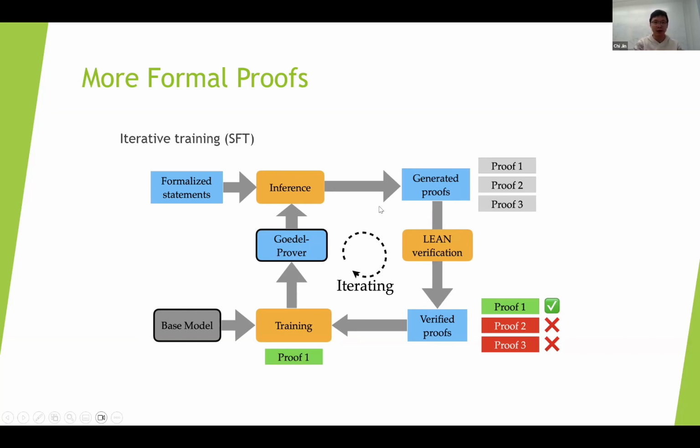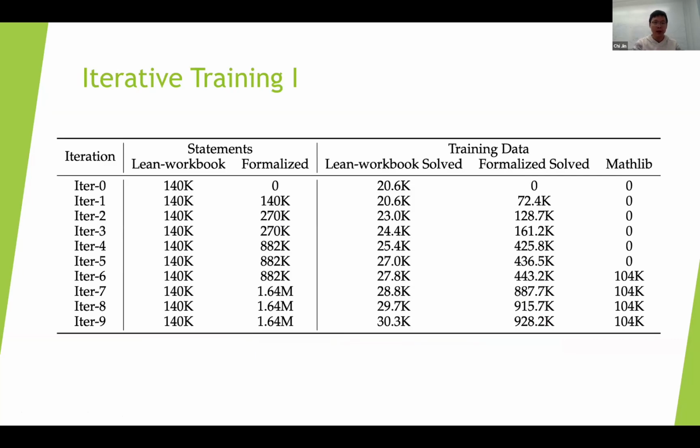Through these iterations of training, we get more and more proofs, add more and more formal proofs into our datasets, and train on them. This is our way of getting more formal proofs. This is roughly the table we will show for our iterative training. Besides training on more proofs, we also iteratively add more statements as the model gains capacity.